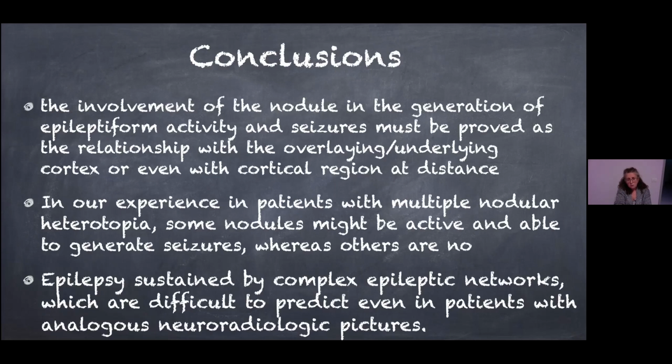It is very difficult, even in patients that have similar anatomical data, to predict the epileptogenic zone, and then to predict who can be cured by the different surgical options we have.